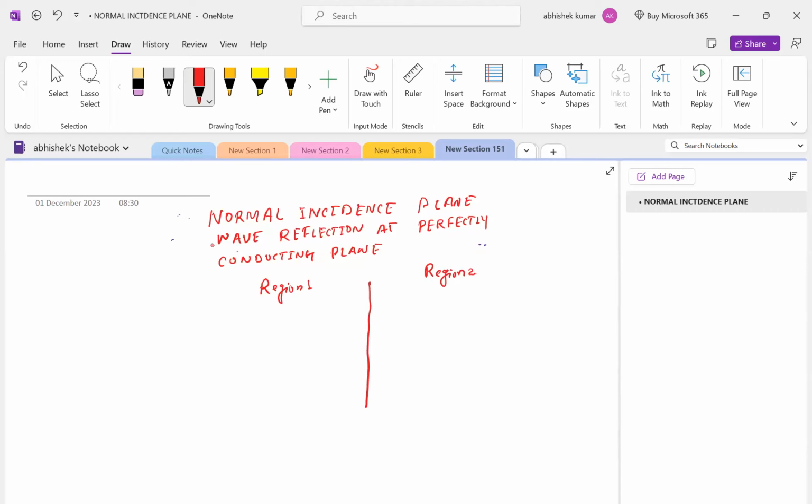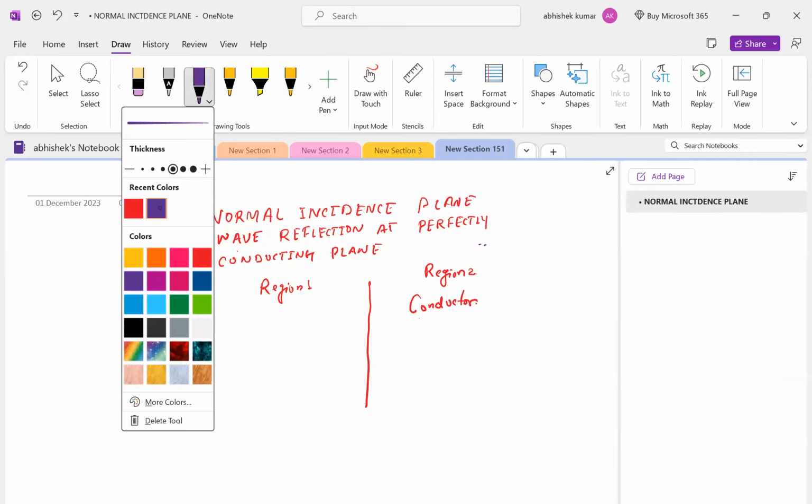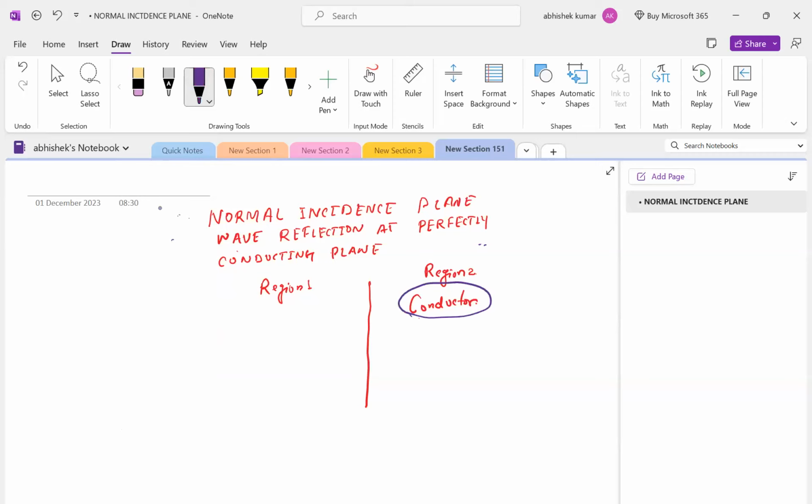Now we will make the constraint that region 2 is my conductor. Region 2 is my conductor. That means its conductivity is now very high, infinity.